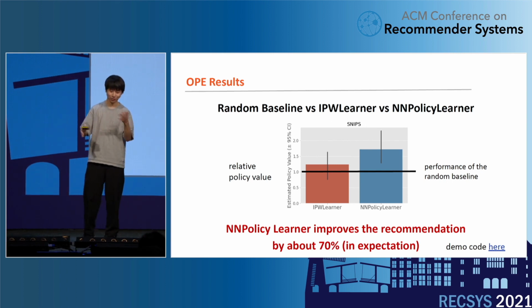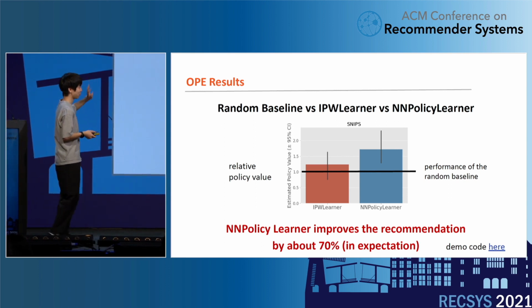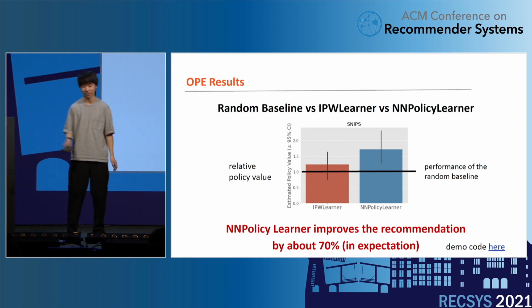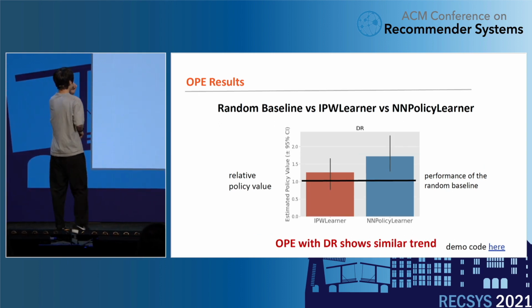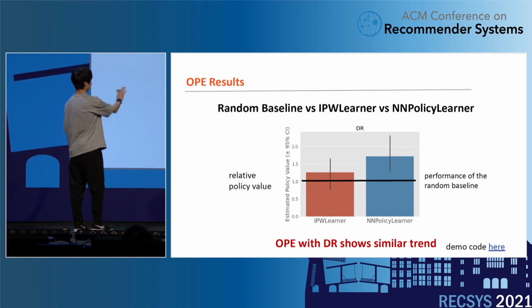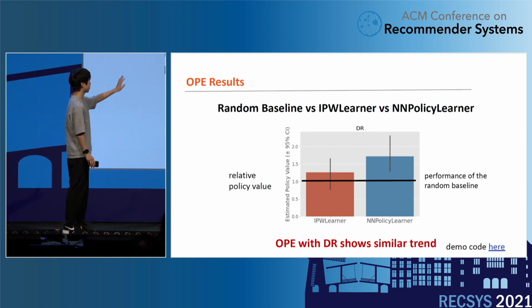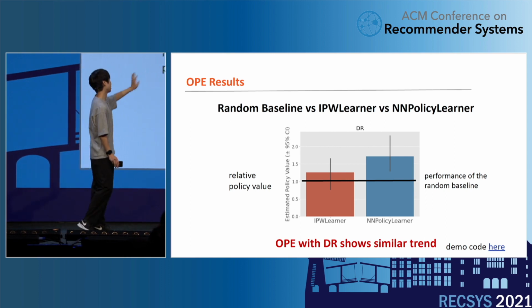But the numbers are not so important here. I'm showing this live demonstration to see how policy learning and evaluation work in practice. I also confirmed that the doubly robust estimator shows a similar trend. This is the doubly robust estimation result, and we see almost the same result.